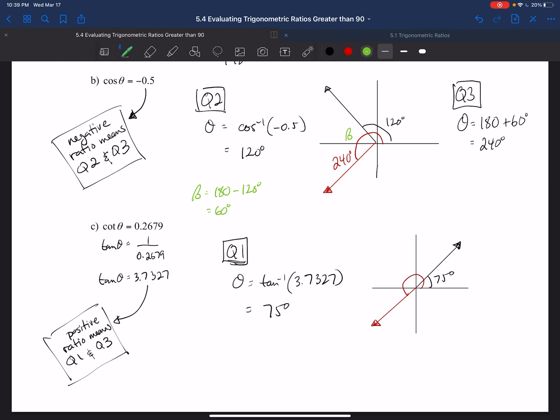So even though it's the primary angle, because it's the angle I'm looking for, it's 75 degrees away from the x-axis. So this would also be 75 degrees away from the x-axis in quadrant 3. So in quadrant 3, it'd be 180 plus 75, or 255.